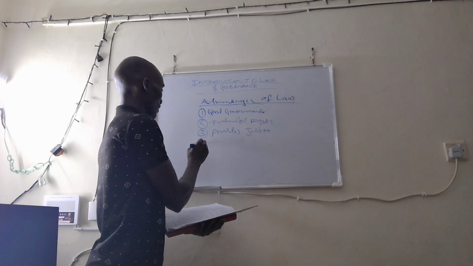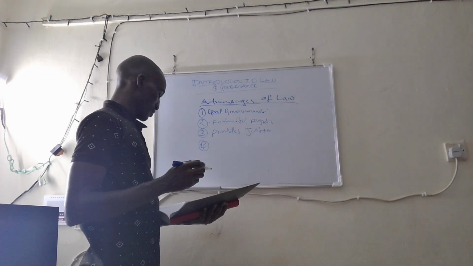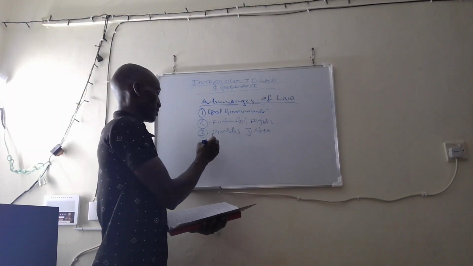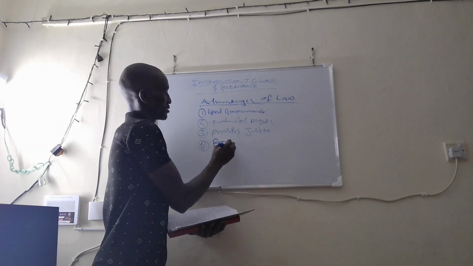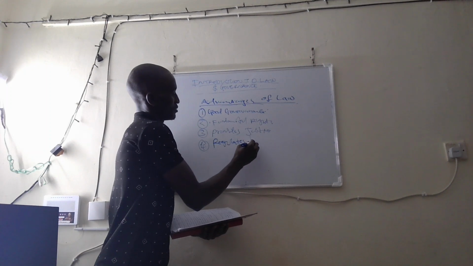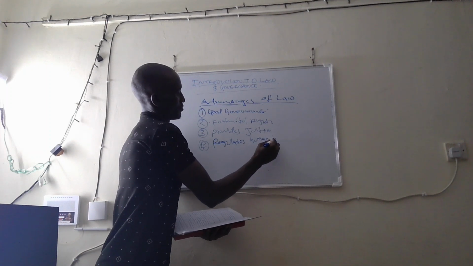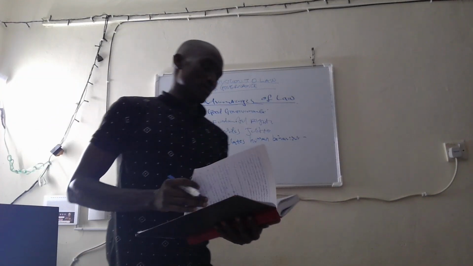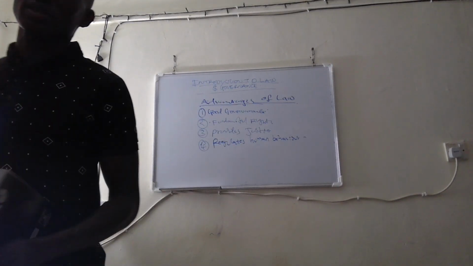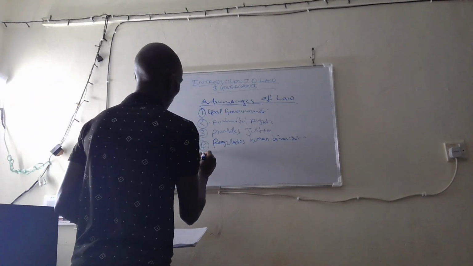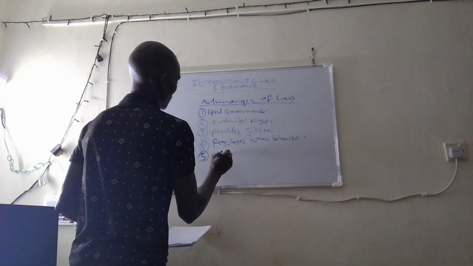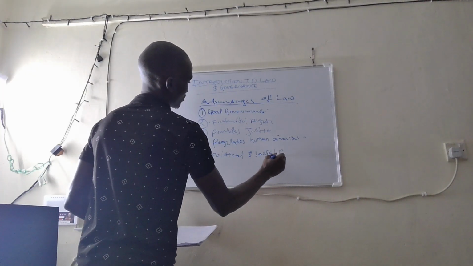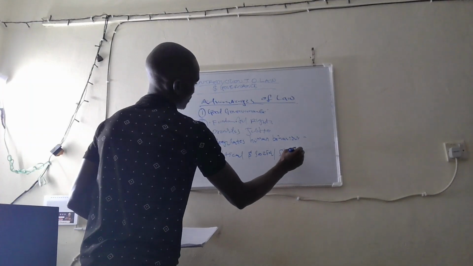Number four, it regulates human behavior. Number five, it ensures political and social stability.